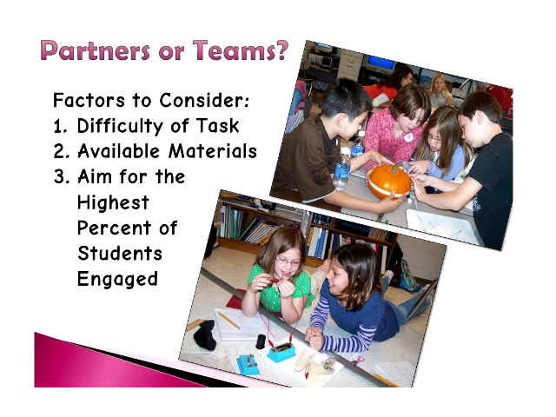Some things you might consider, as we talked about before, are the difficulty of the task and the availability of your materials. You always want to aim for the highest percent of students engaged, but sometimes you're limited. On Halloween, I always had parents donate pumpkins, and I could usually get 7 of them, 1 per team. That's all I could get, so the measuring activities we did, which I think are in my October mini pack, were done per team.